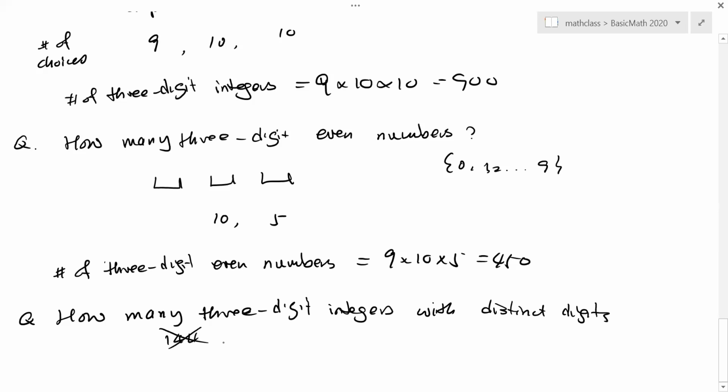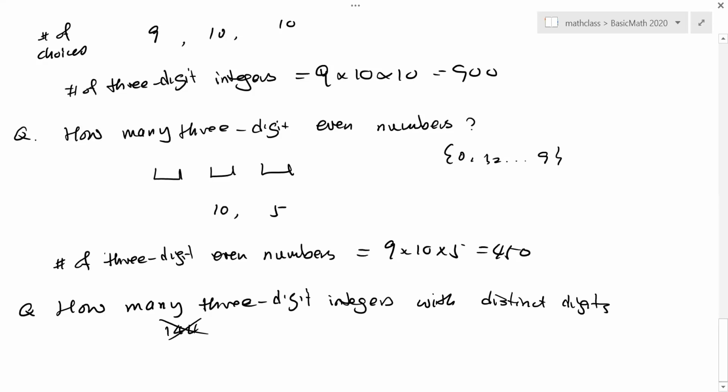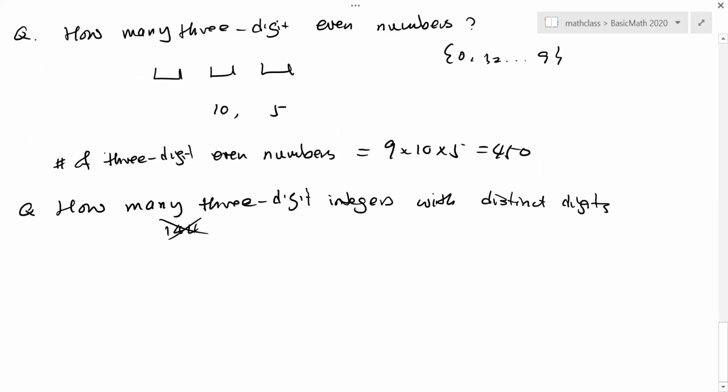This is not a 3-digit integer with distinct digits, okay? Yeah, can you try this? Distinct means different, okay? They're different digits.